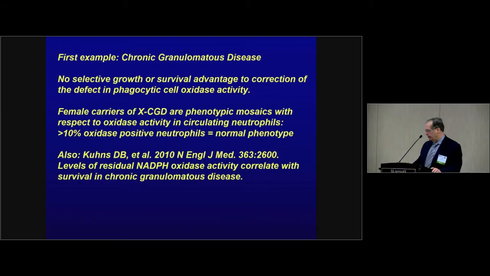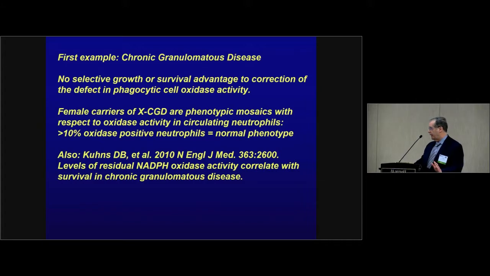So today I'm going to talk about two gene therapy examples that we've been involved in, and I'm going to provide some back history forward to show you, I think, some principles about conditioning that are important, and perhaps even about vector choice as well. In talking about chronic granulomatous disease, it's important to note that this is an immune deficiency in which we know there's no selective growth or survival advantage to correction of the defect.